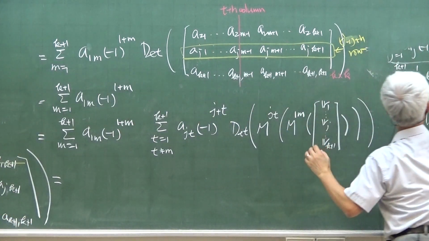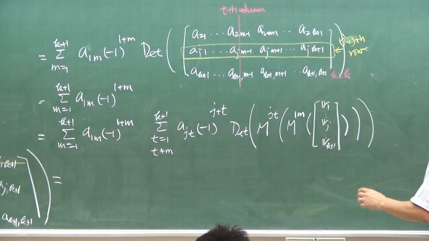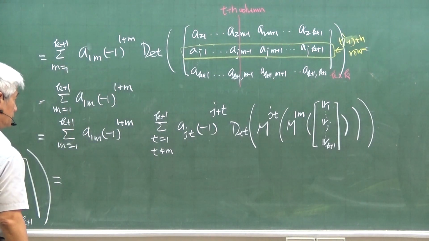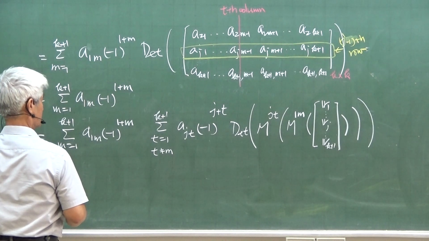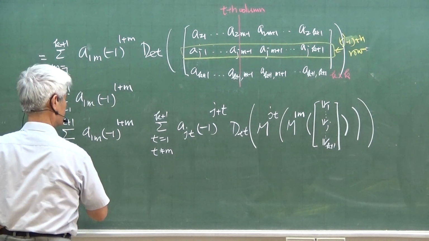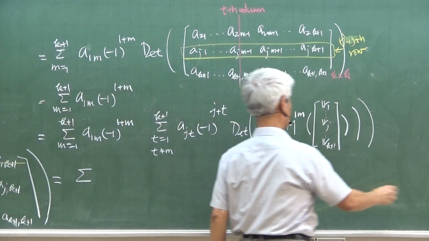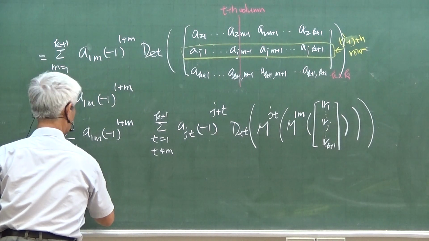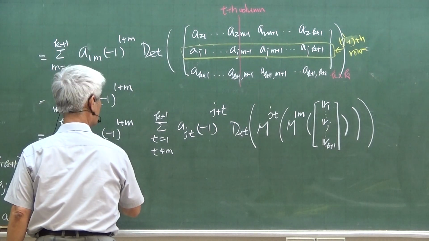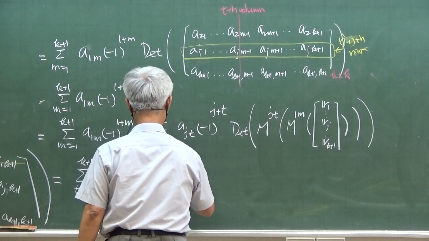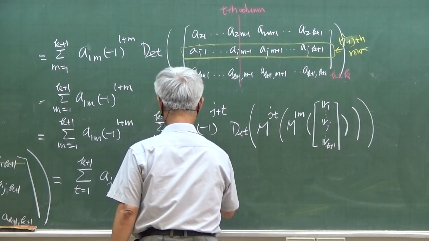And now if I exchange them, I have the sum over t from 1 to k plus 1 of a j t, minus 1 to the power j plus t, and the sum over n from 1 to k plus 1 of a1n.